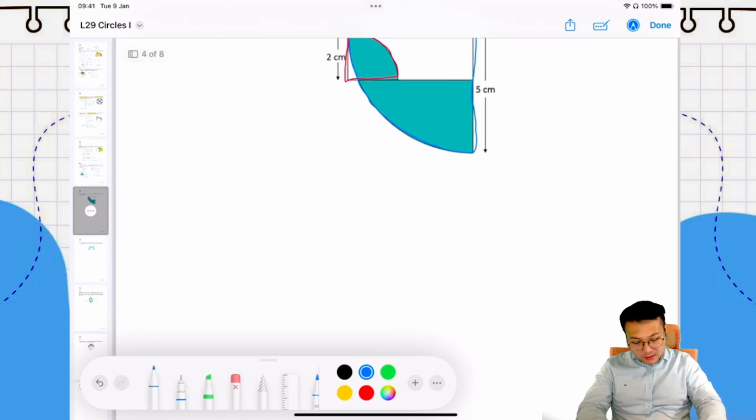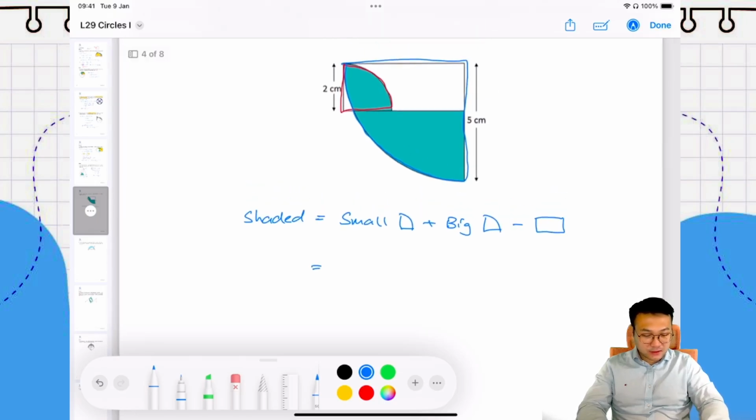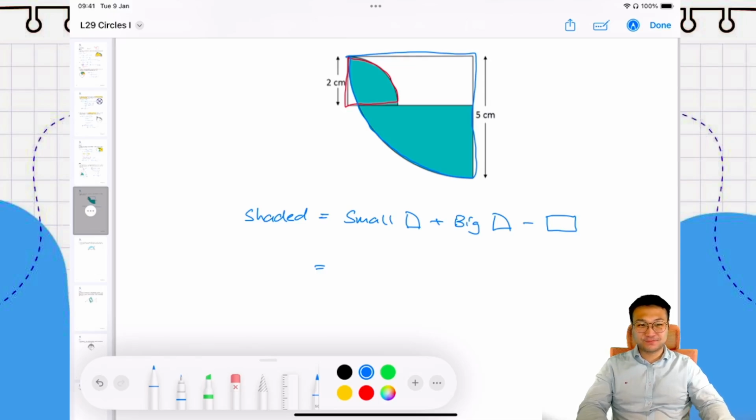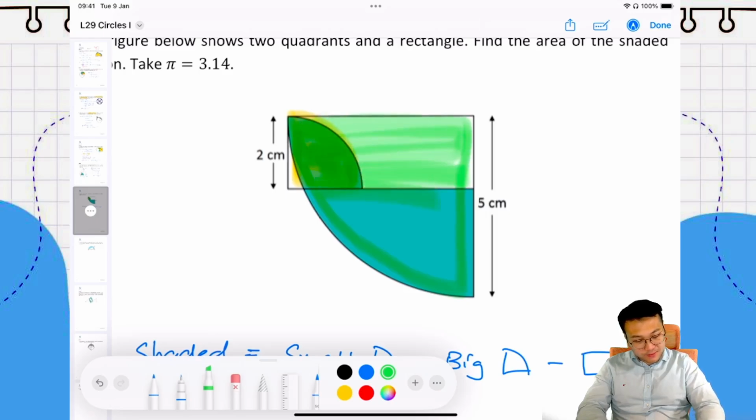Okay, let's write it down. Shaded region equals the small quadrant plus the big quadrant minus the part that is not supposed to be shaded, which is the rectangle. Think about it, why must you minus the rectangle? Because when you add this quadrant plus the big quadrant, do you notice that there's an overlapping part?